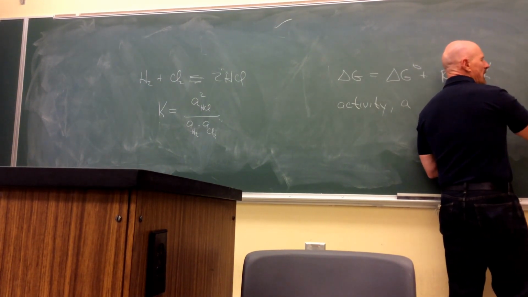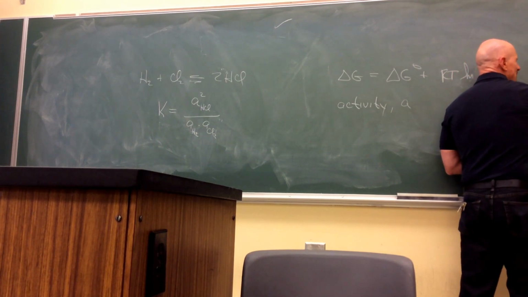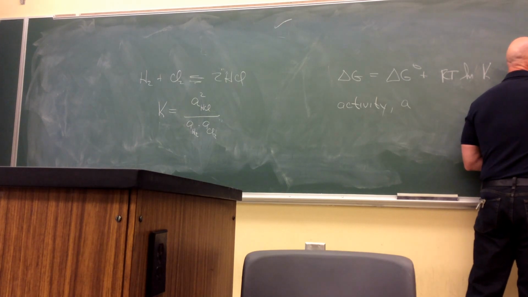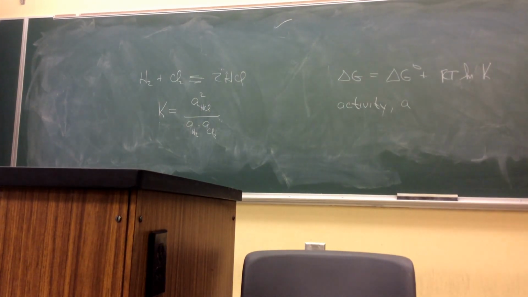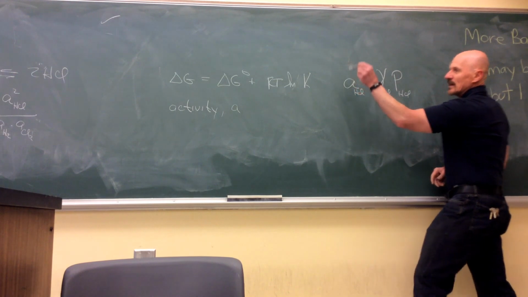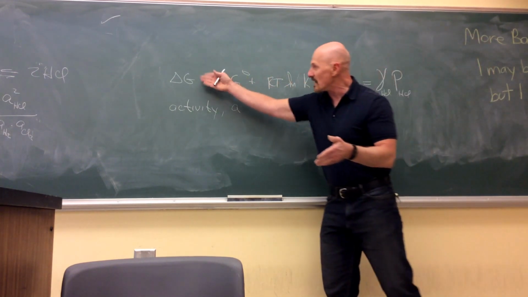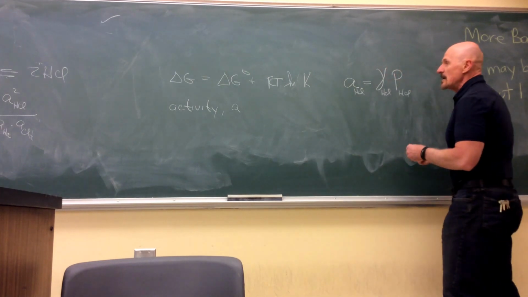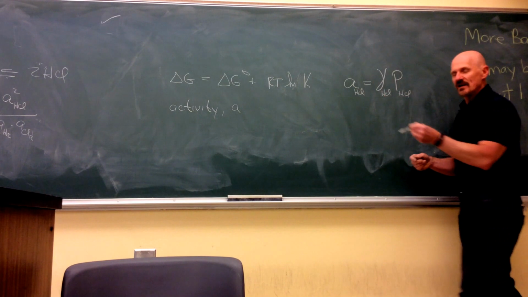So for example, the activity of HCl will be the activity coefficient of HCl times the pressure of HCl. Now let's tie these two together. The pressure is what you measure. That's what's measurable. The activity is the thermodynamics. So when you do products minus reactants to get delta G's and calculate K's, you're now using activities.